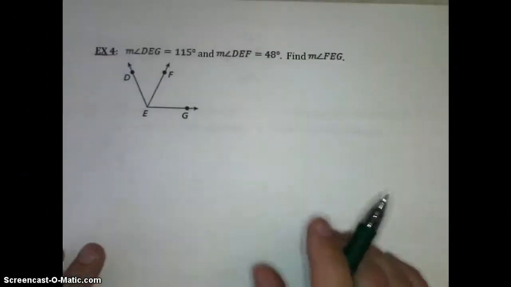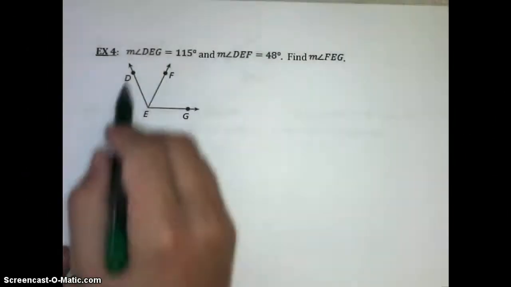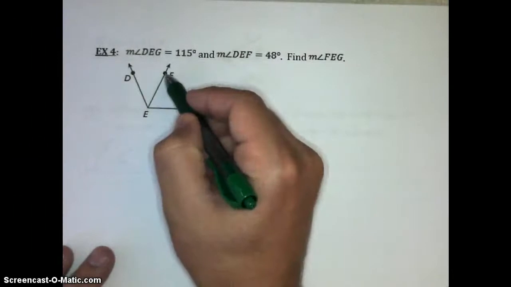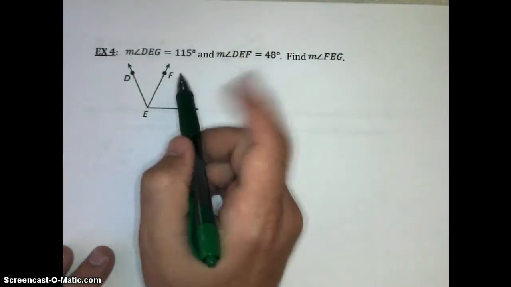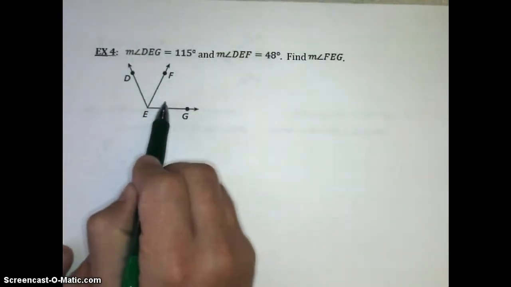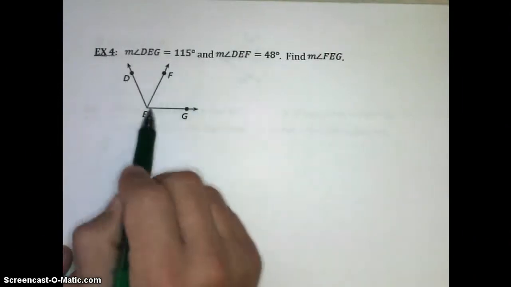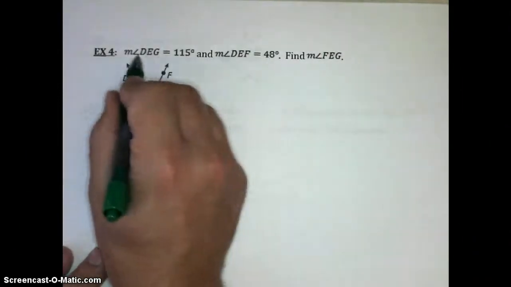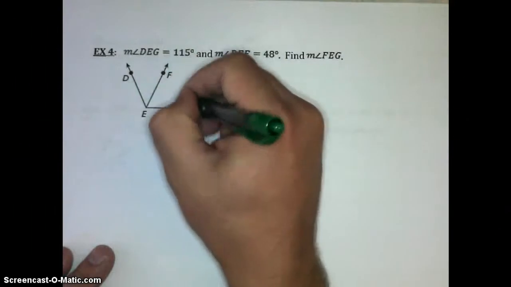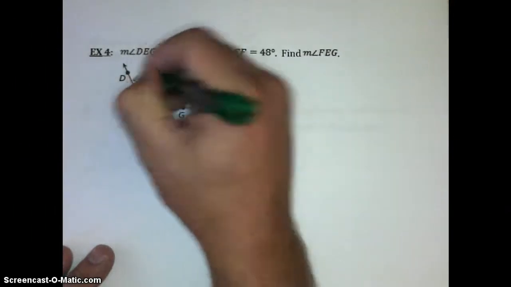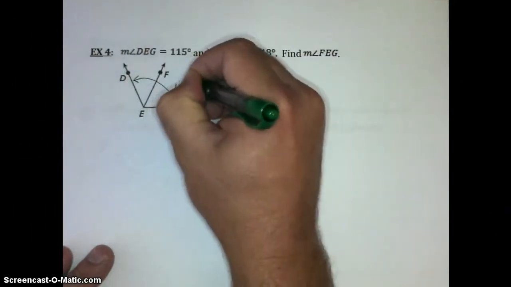So let's apply that in example 4. Here we are given this diagram. You'll notice F is in the interior of angle DEG, so that means that the sum of this angle plus this angle should equal the total measure of angle DEG. Well, they tell you that measure, DEG, is 115 degrees.